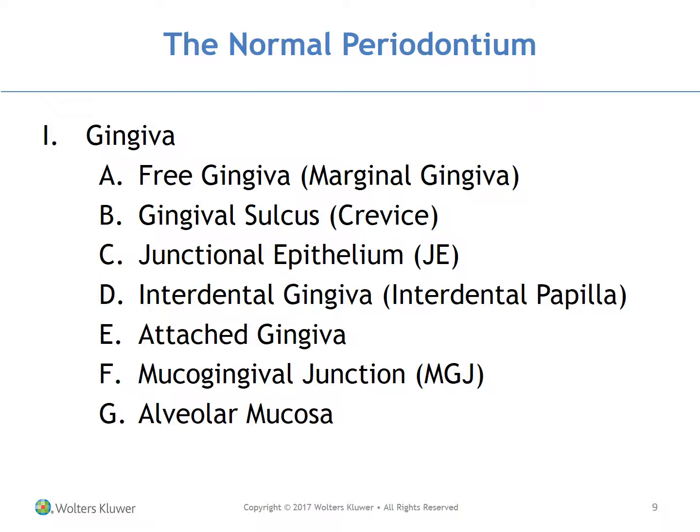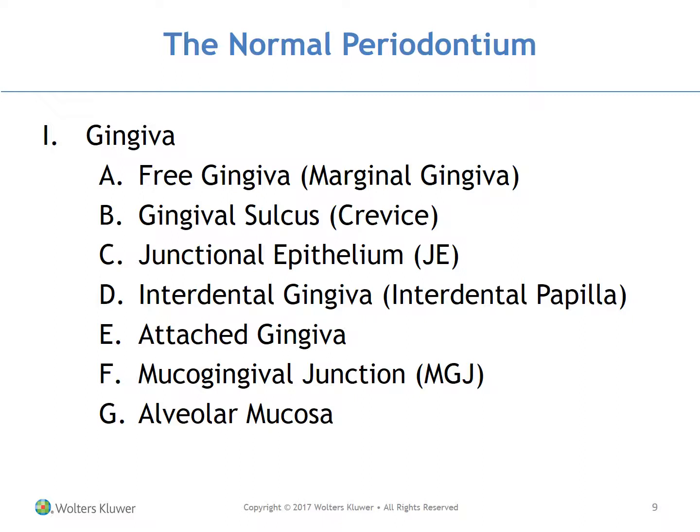In health, you're going to have pink, firm, stippled attached gingiva, and then the deeper reddish pink color for the alveolar mucosa, and that's just because it is more vascular.